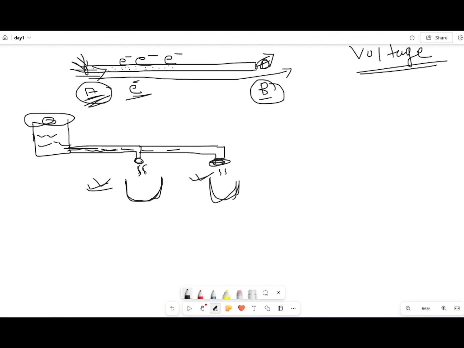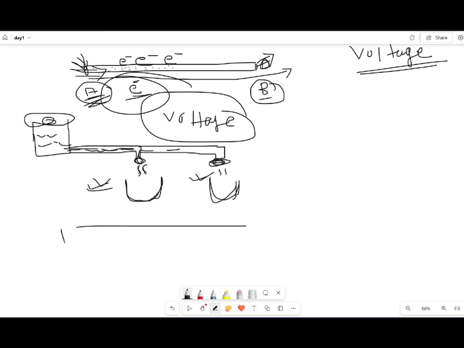That pressure is used to flow this water, and it is called voltage in electricity. Clear? Or we can say the potential difference between two terminals is called voltage. Clear?